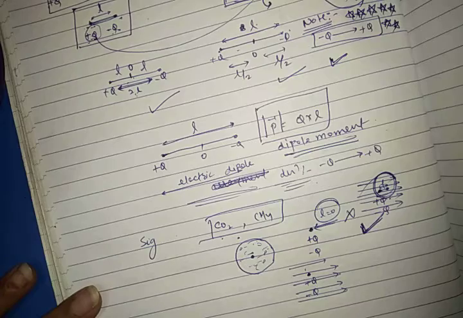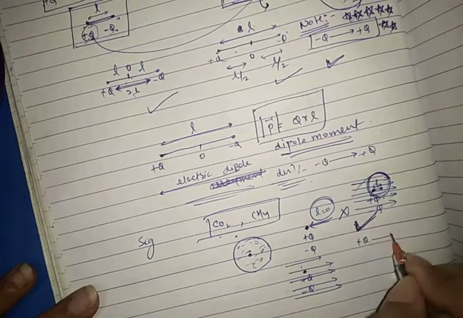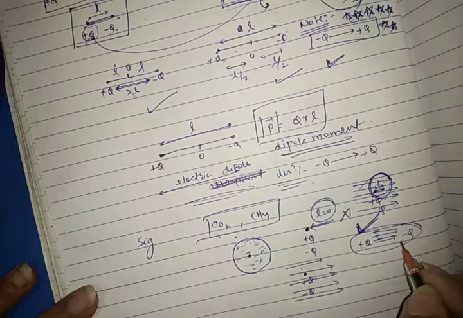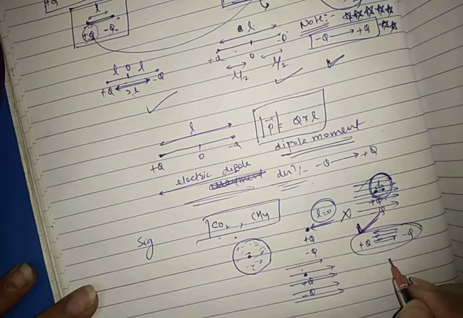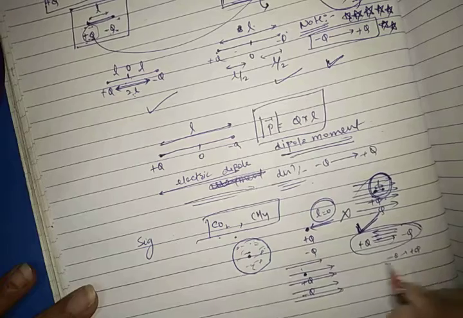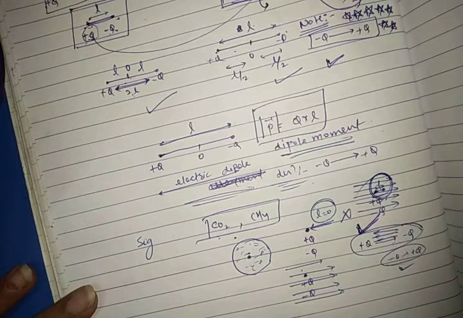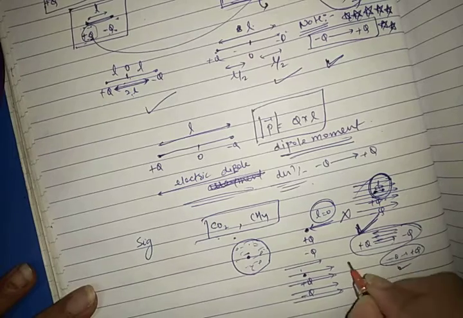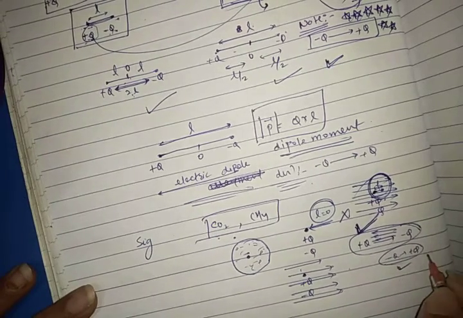every effect opposes its cause, that's why, if electric field lines are from positive to negative charge, the dipole moment opposes its nature of origin. So that's why the electric dipole moment is from minus q to plus q, because every effect opposes its cause, right?